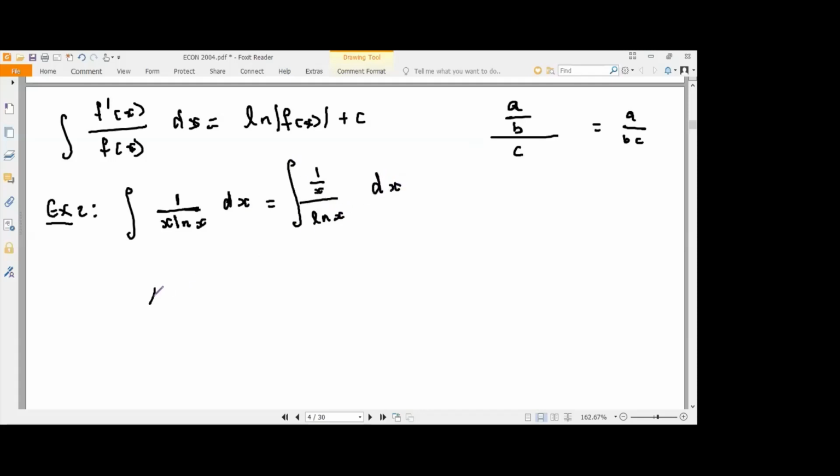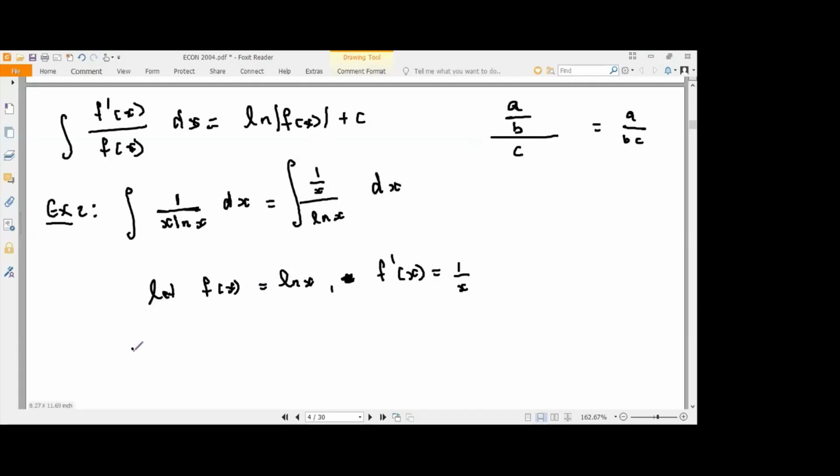Now, if you realize, we're going to say, let f of x equal ln x. If you remember from probably econ 1003, f prime of x, or the differential of ln x, would be 1 over x. So you realize now that I have a function in the denominator, and I have its differential in the numerator.